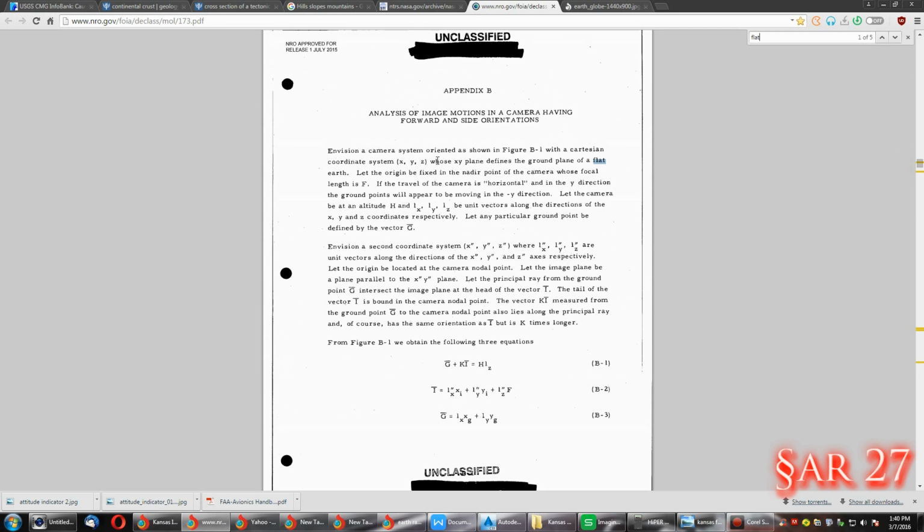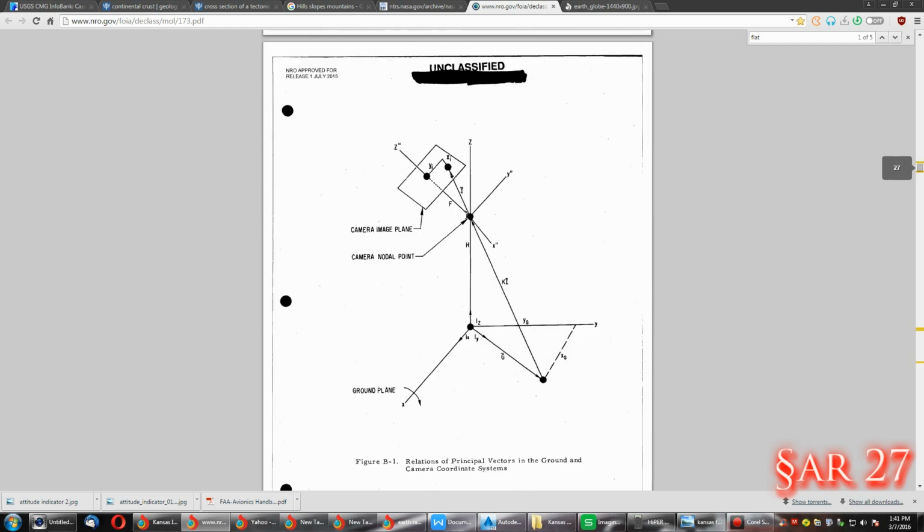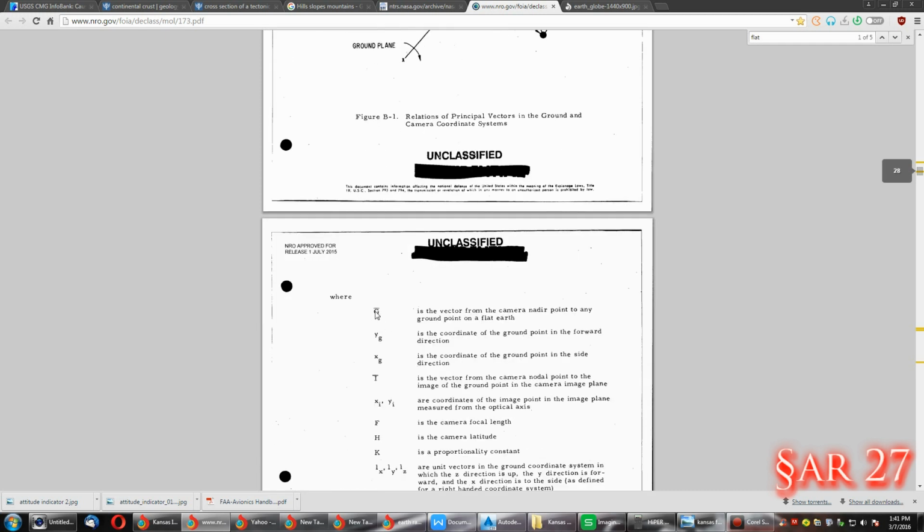Now here's the Cartesian coordinate system, whose XY plane defines the ground plane of a flat Earth. Okay, why would they make a camera that pivots around an aircraft to be level with a flat Earth? See, the information is out there, folks. Here's the aircraft and a camera, and even here, where G in the line above indicates the vector from the camera nadir point to any ground point on a flat Earth.